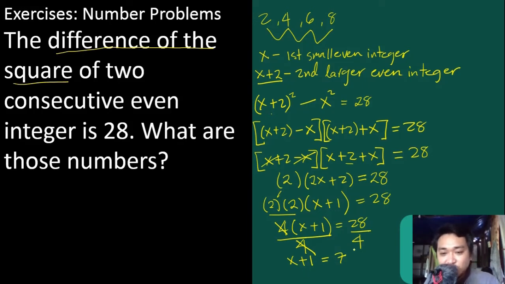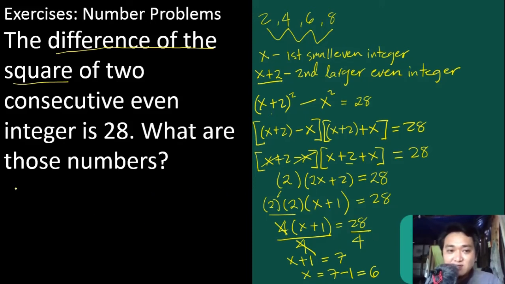Let us just transpose positive 1 to the right side of the equation. It will become negative, so x is equivalent to 7 minus 1, or x is equivalent to 6. So, this means our first, smaller even integer is 6. What is our second, larger even integer?